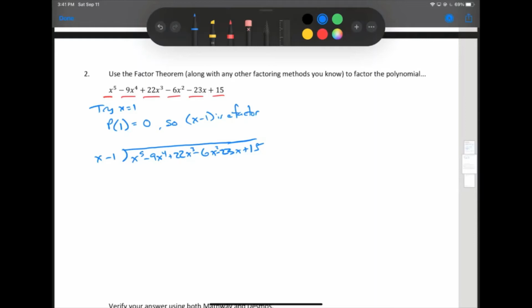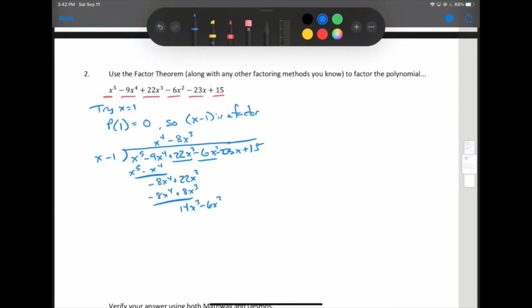So I'm going to say x to the 4, which is going to be x to the 5 minus x to the 4. Negative 9 minus negative 1 is negative 8. Plus 22x cubed. This will be a minus 8x cubed. And when I multiply that by negative 1, I get plus 8x cubed. 22 minus 8 is 14.